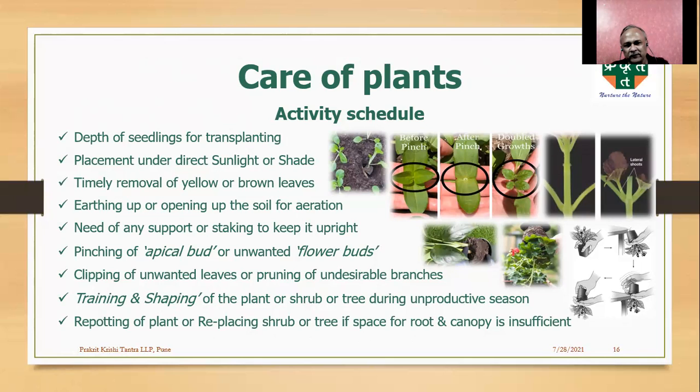If you do it in the morning, then as the sun rises, the temperature also increases, and whenever you transplant or repot a plant, it gets a shock. That's why if you do it in the afternoon when the temperature is going down, it will be soothing, and it will have more time to establish itself.